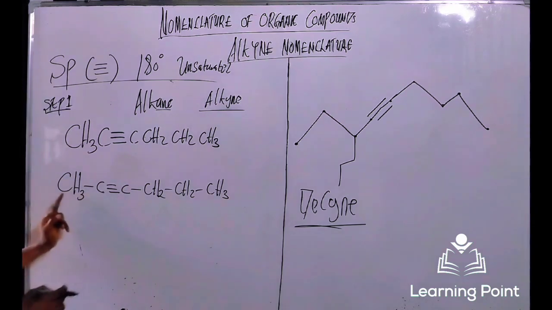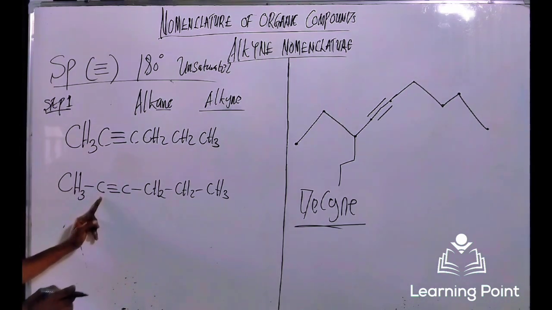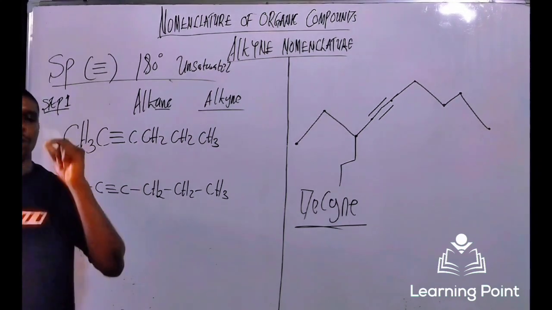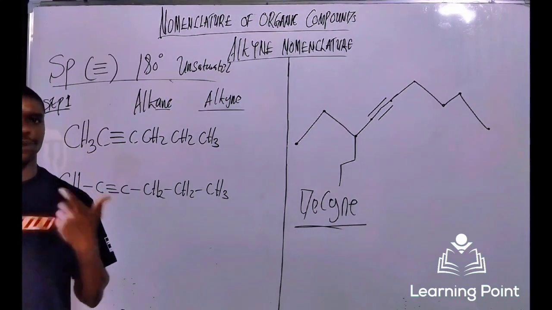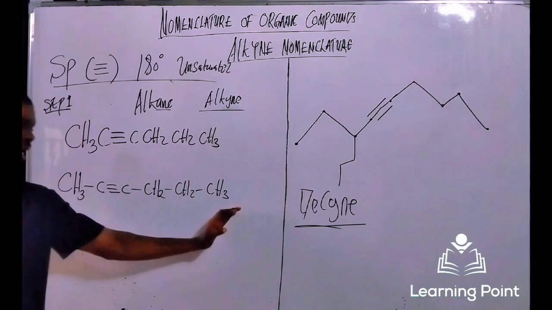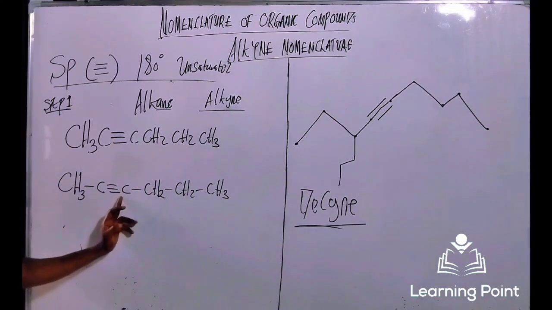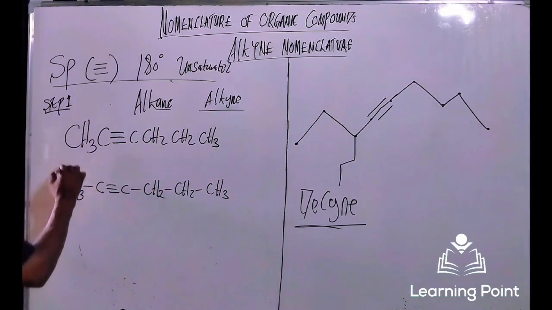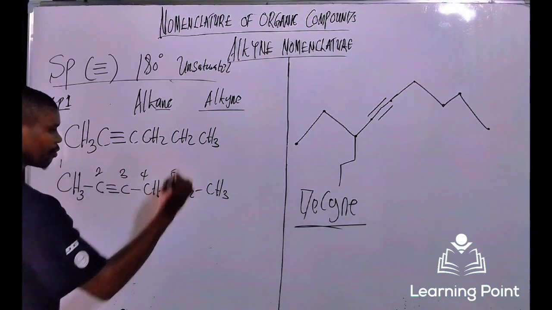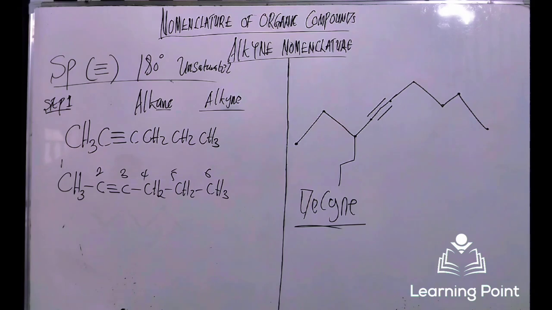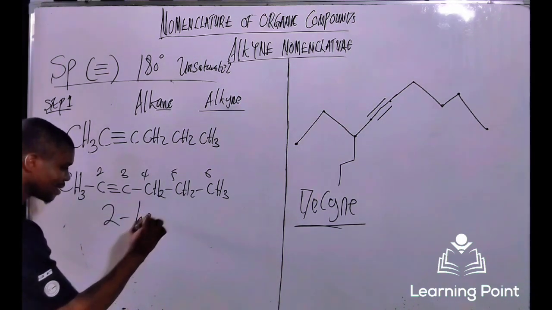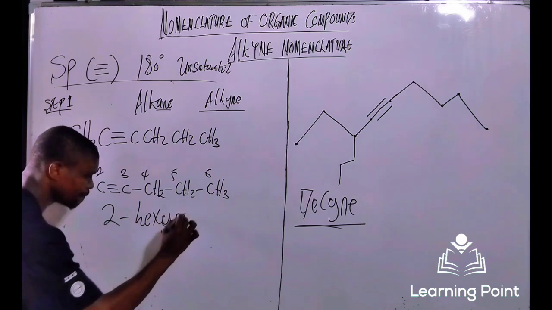But when I start from here, 1, 2, carbon number 2 carries the triple bond. The rule says that the carbon atom that carries the triple bond must have the lowest possible number. So you're going to start from this side that gave me 2, instead of this side that gave me 4. Do you understand? So it's 1, 2, 3, 4, 5, and 6. The name is going to be 2-hexyne. Do you understand?